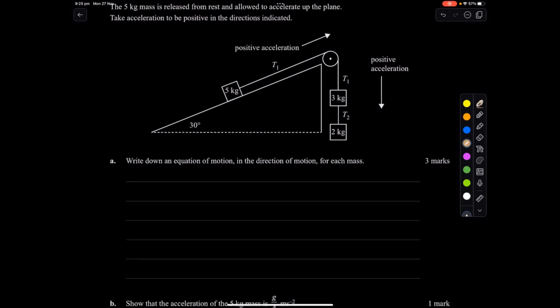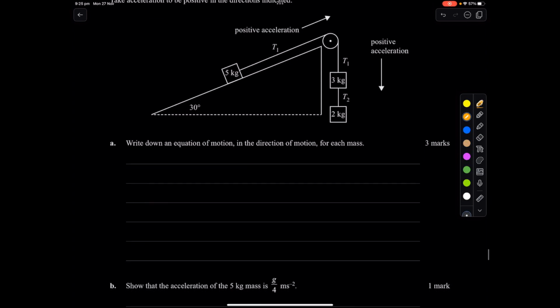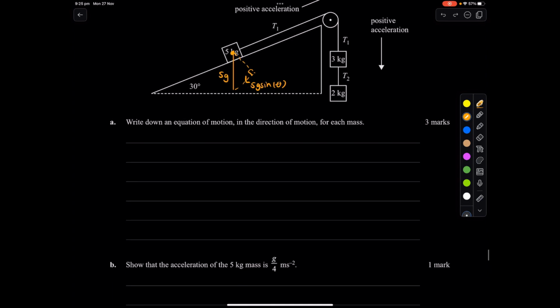Not too bad. Okay. So let's write one for the 5 kilogram mass first. If I break it down, this is 5g, and this is going this way, so it would be 5g sine theta, because it's accelerating in this direction. So what do we know?